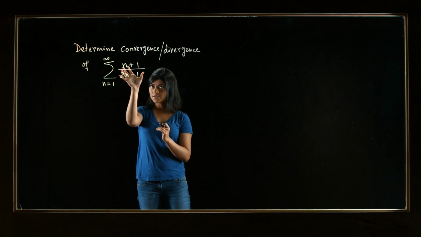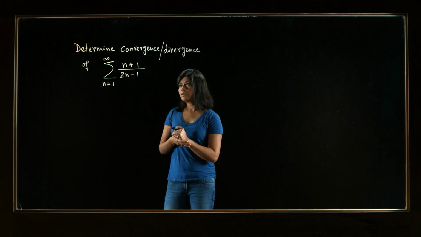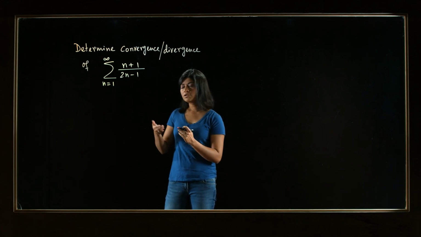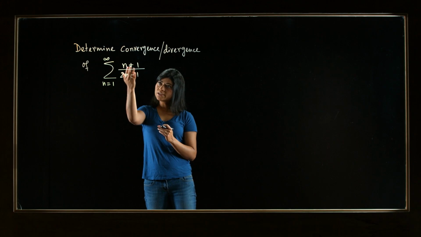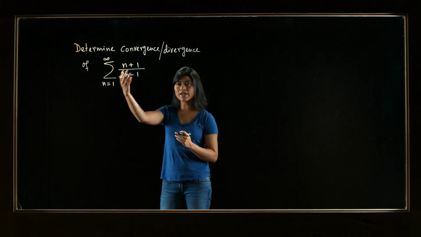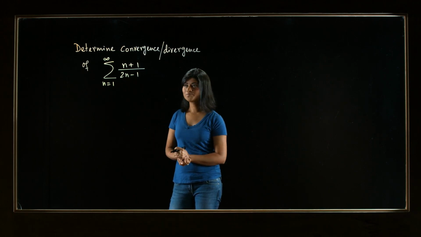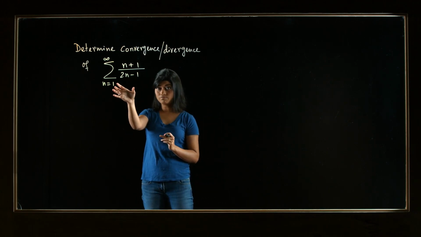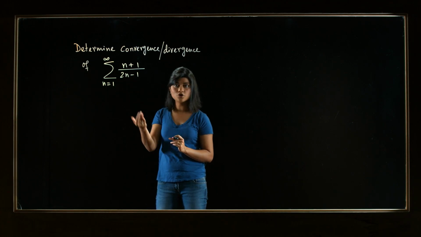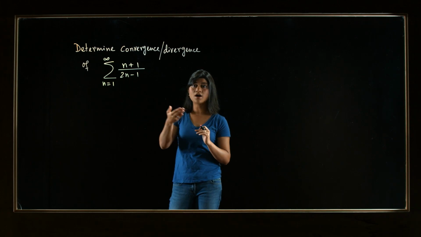Now, to test if a series converges or not, it is beneficial to first notice if this particular series is known to you, if it looks like one of the known series, like a geometric series or not. So the first thing you should think about: is this series geometric? Remember, a geometric series has the form a times r to the n.